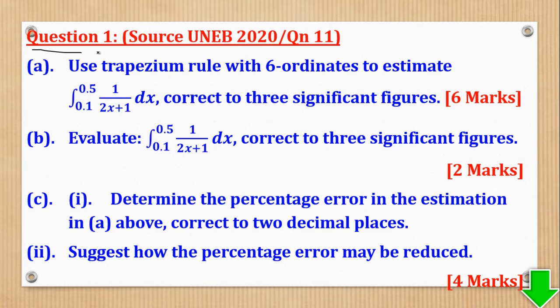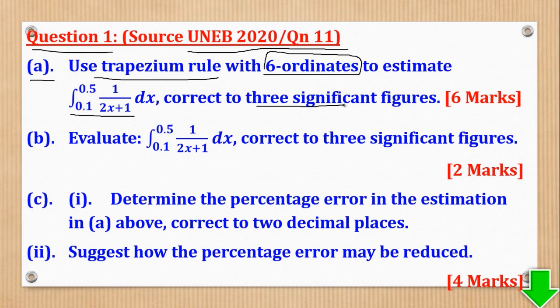Now we shall start with question 1, which came from UNEB 2020 of paper 2 question 11, and says part A, use trapezium rule with 6 ordinates to estimate this integral correct to 3 significant figures.